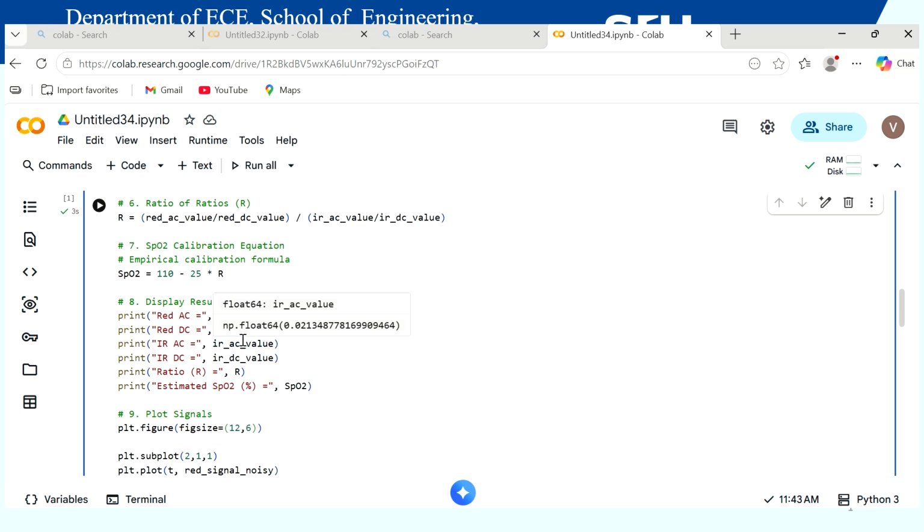Then plot the results. So plt.figure, with figure size 12 width and 6 height. Then plt.subplot(2, 1, 1).